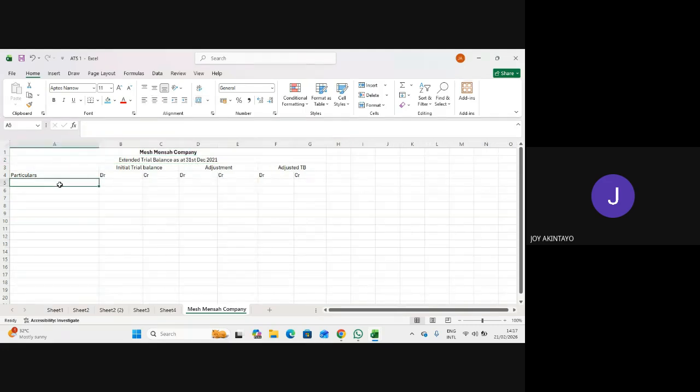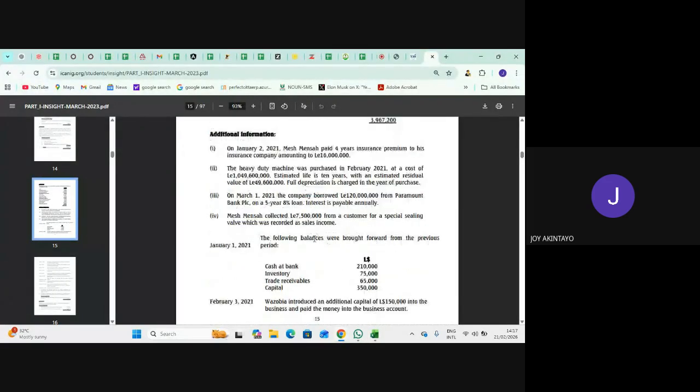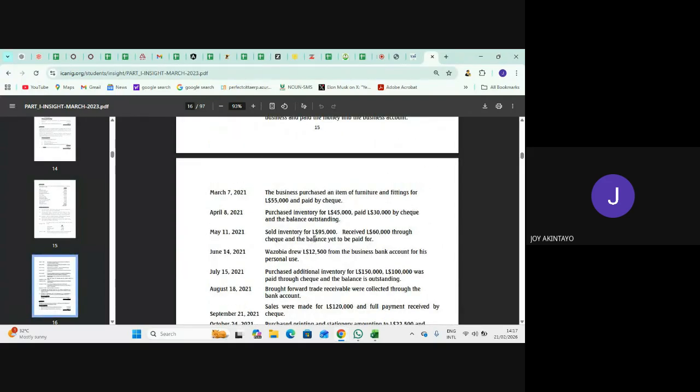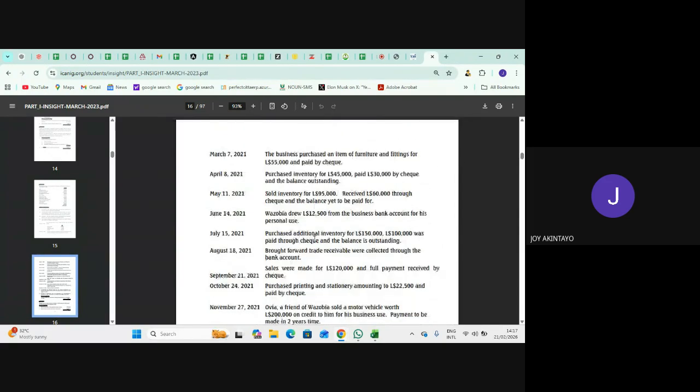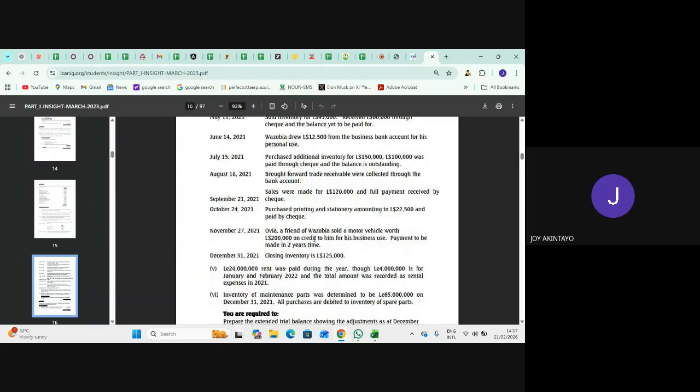So what are the items we have in our question? Out of this we also need to prepare a cash book. Are we together?